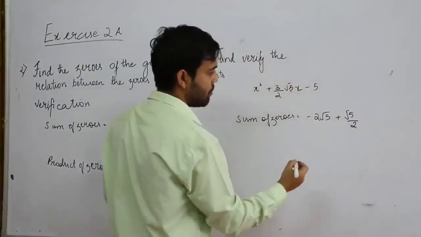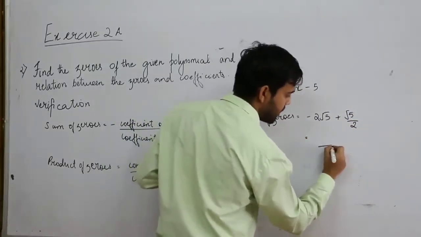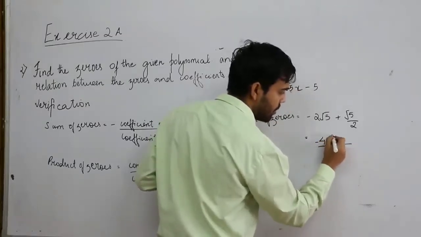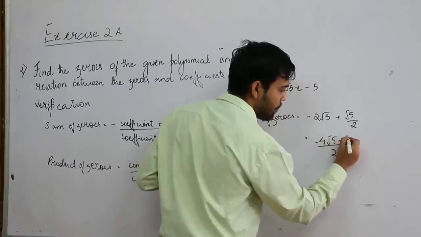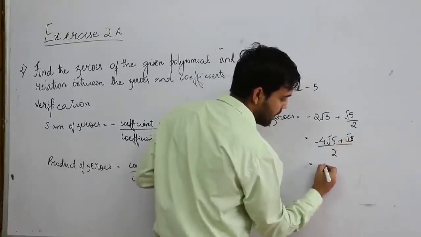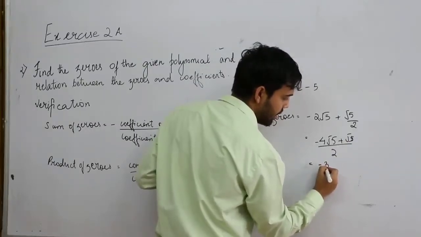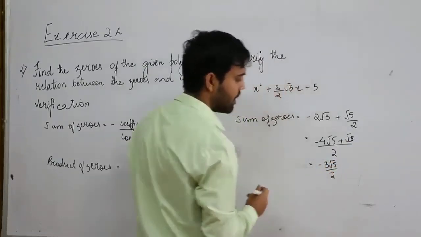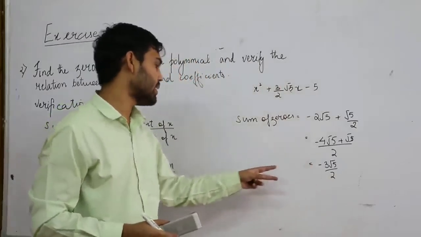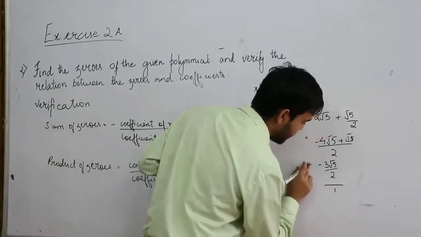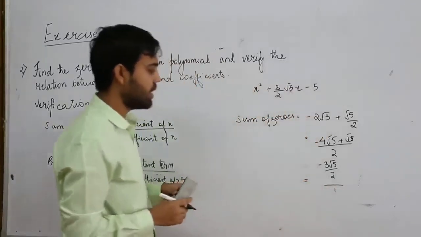When I solve this, I have to take LCM. So I have 2 in here, and I have minus 4 root 5 plus root 5 in here. So what am I getting? I am getting minus 3 root 5 by 2. Now is this satisfying the condition? I can write this as by 1, right? Now let us compare.